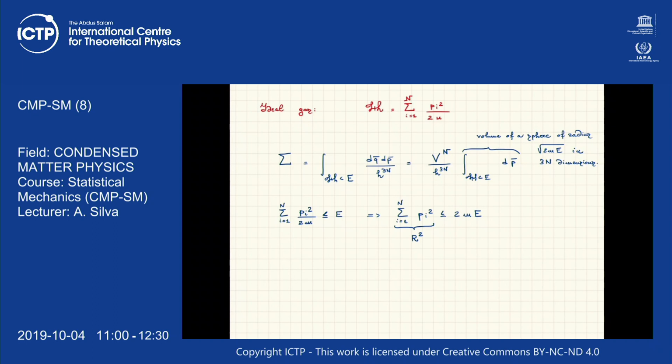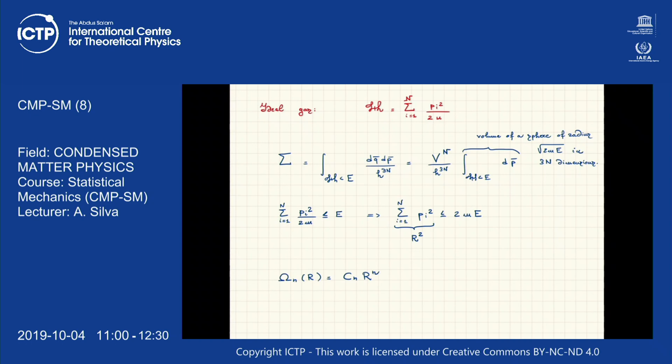So in 2 dimensions, the volume of a sphere goes like R squared. In 3 dimensions, R cubed. And therefore, in n dimensions, the volume of a sphere of radius r is going to be some constant Cn times r to the n.